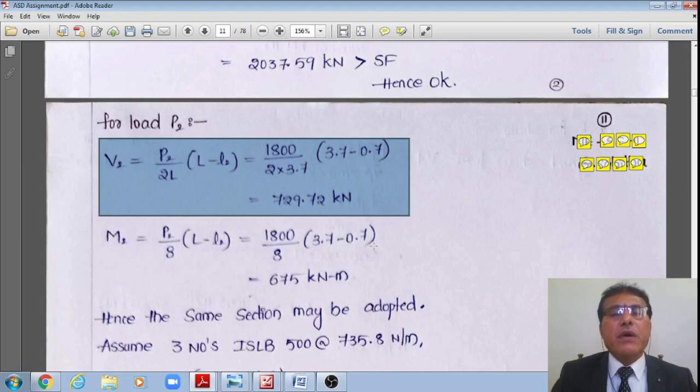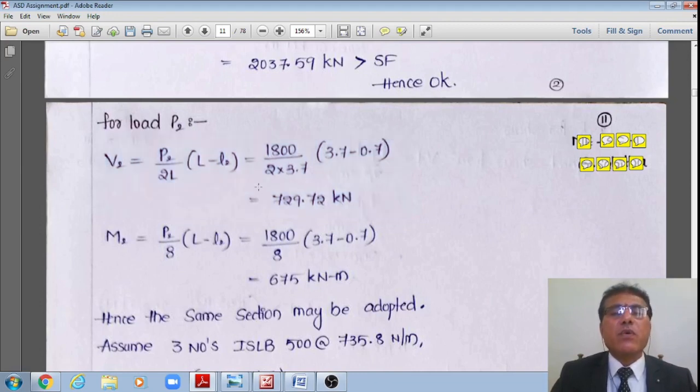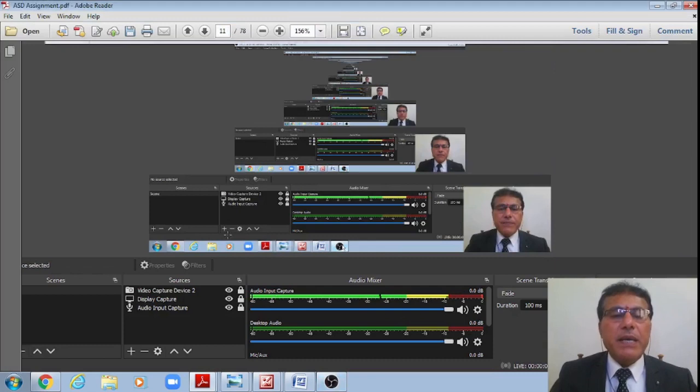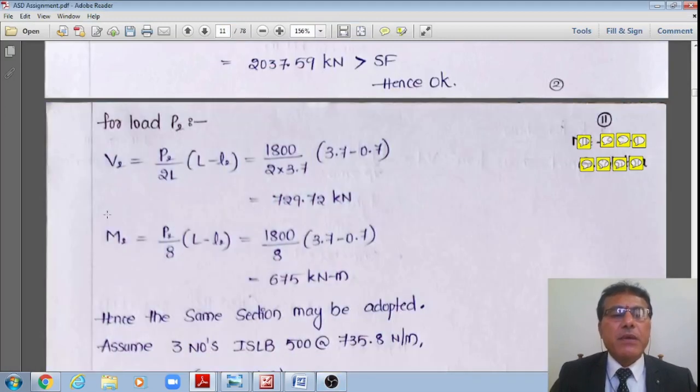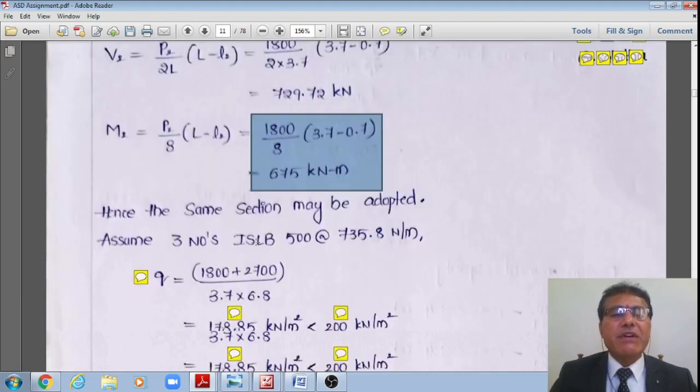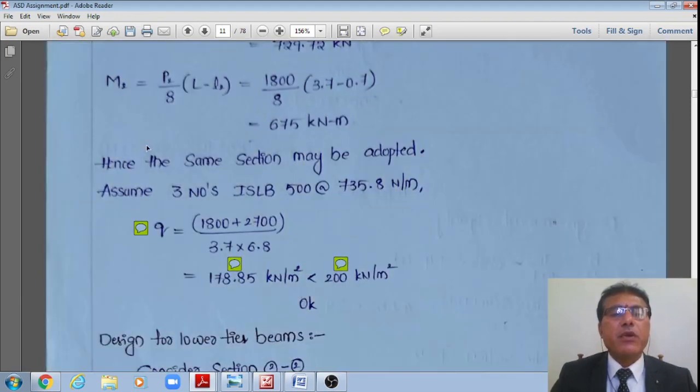Divided by 10 to the power 3, if this is already in kilonewtons, it works out to 729.72 kilonewton. Similarly, the factored bending moment is P2U divided by 8 multiplied by L minus L2, that is 800 divided by 8 multiplied by 3.7 minus 0.7. It works out to 675 kilonewton meter.